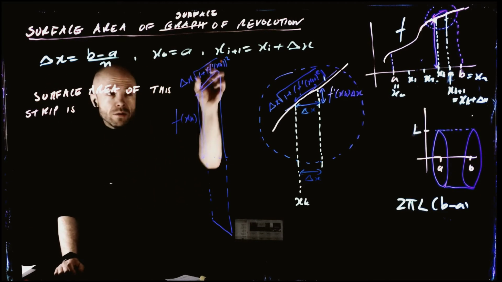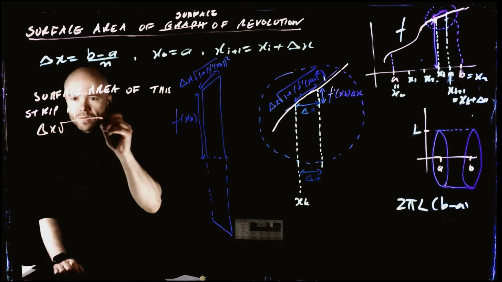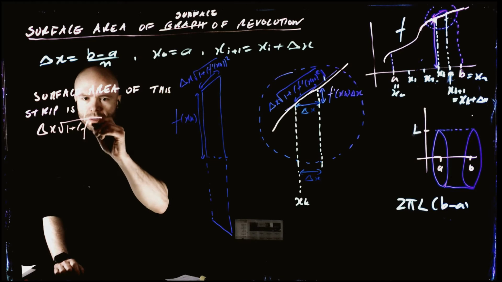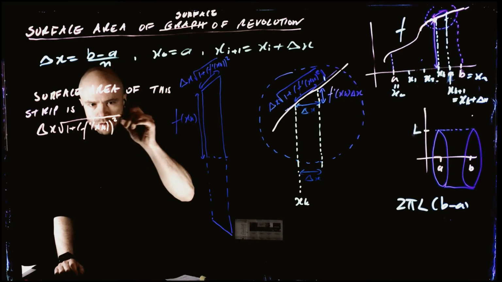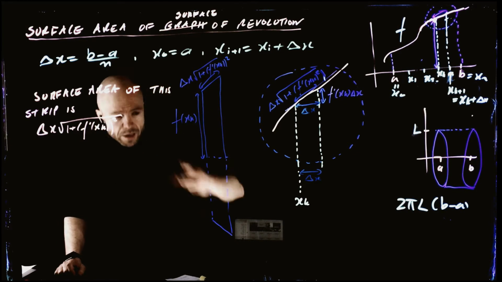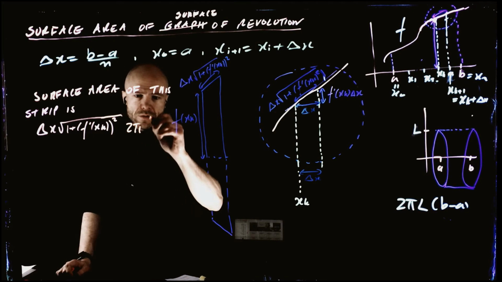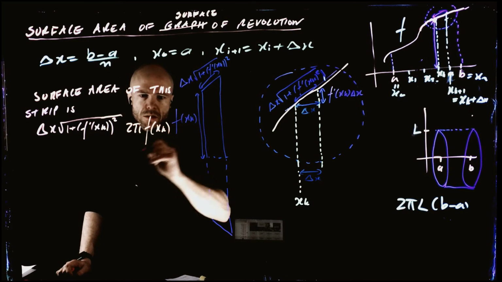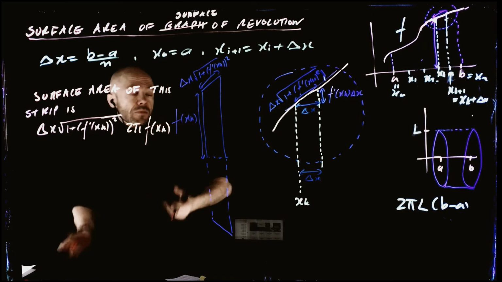It's going to be just this thickness, delta of x square root of 1 plus f prime of xk squared, and then times the circumference, 2 pi f of xk. And that answer is fairly precise.